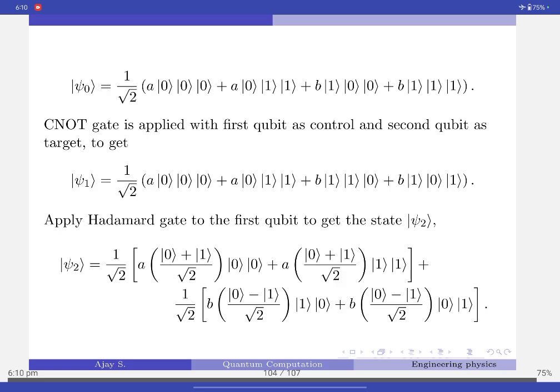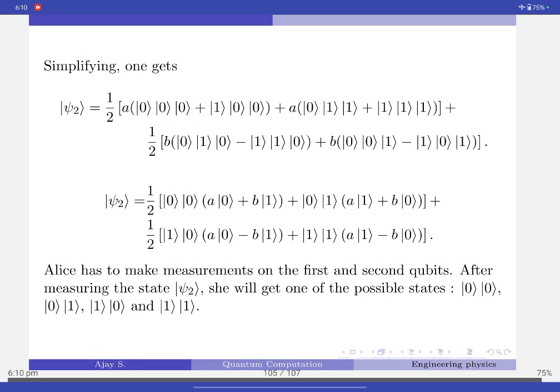So this is followed by a Hadamard transformation on the first qubit. The Hadamard transform transforms the state 0 to (0 plus 1) by root 2 and the state 1 to (0 minus 1) by root 2. Simplifying, this is what one would get.